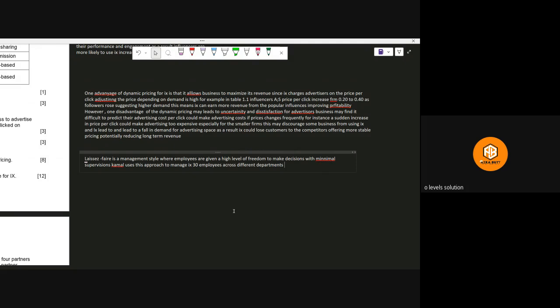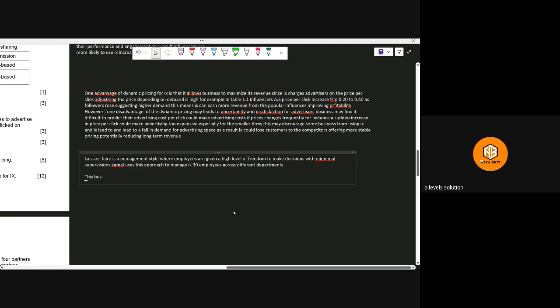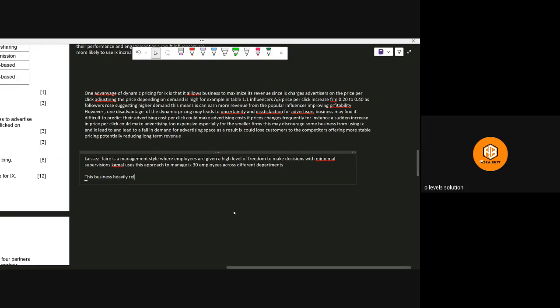Okay. So we can say that the laissez-faire style is appropriate. Why? Because this business heavily relies on creative and skilled employees.